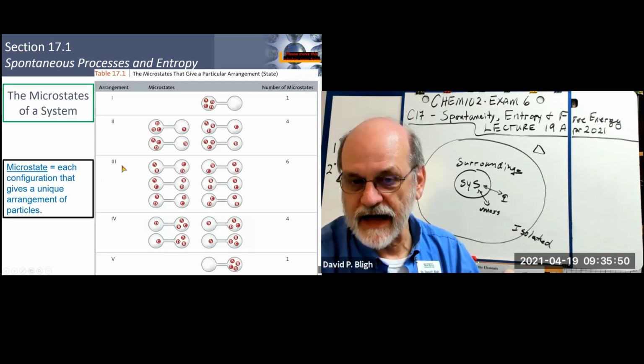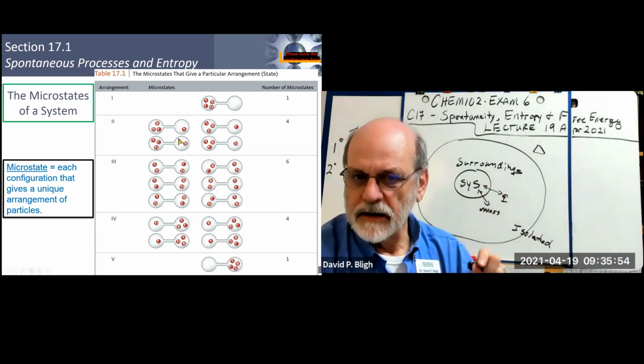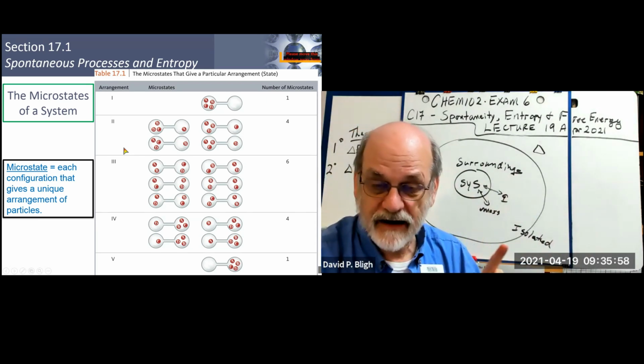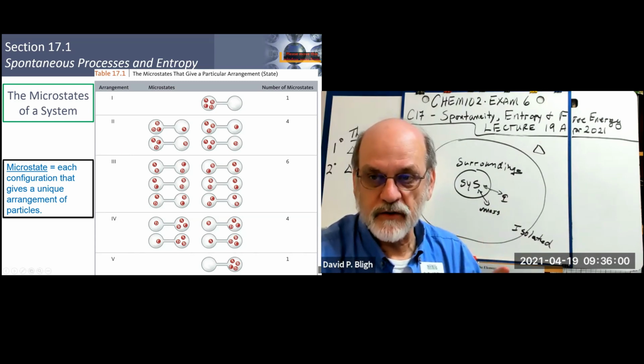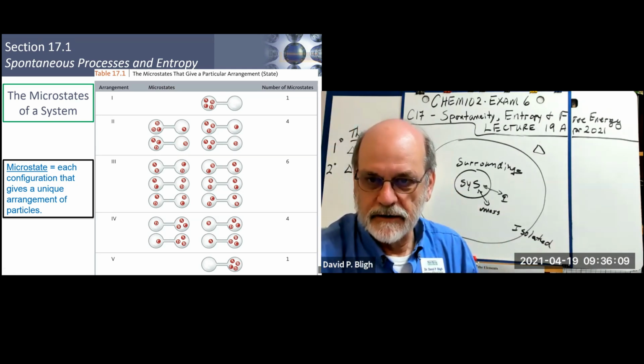In this previous slide, we were looking at positions of different molecules, but you can also describe this, and in fact, the original description of entropy was in terms of energy, not particles. So what's happening to the energy, right?